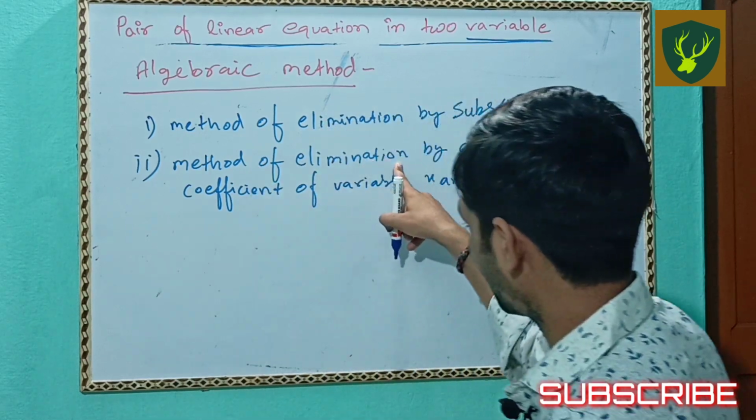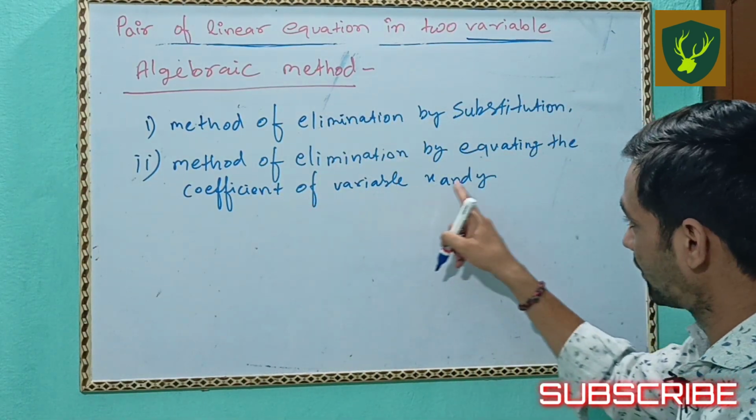Got it? Method of elimination by equating the coefficient of x and y.